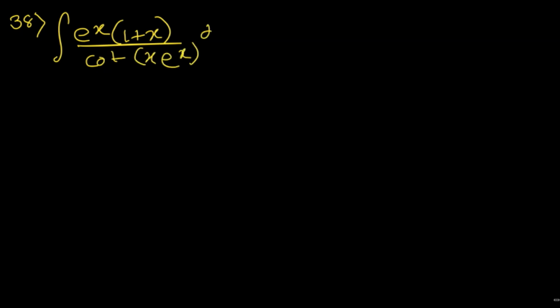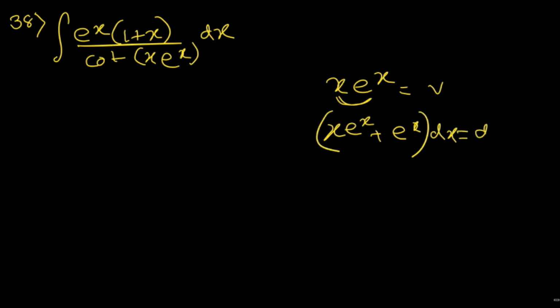Sum number 38. Integration of e to the power x, 1 plus x, by cot of x e to the power x dx. If we substitute x e to the power x as v, then obviously this is the chain rule of differentiation. x and e to the power x are multiplied together, so applying the chain rule we get x into e to the power x plus e to the power x dx, which is equal to dv.